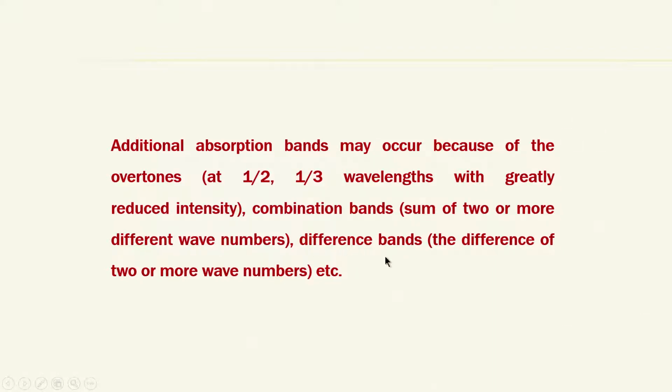Sometimes I get difference bands, the difference of 2 or more wave numbers. These are additional peaks, and one requires special knowledge to interpret them. Not everybody can recognize each and every peak in infrared spectrometry.